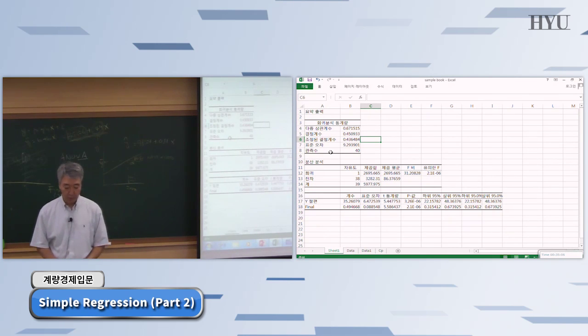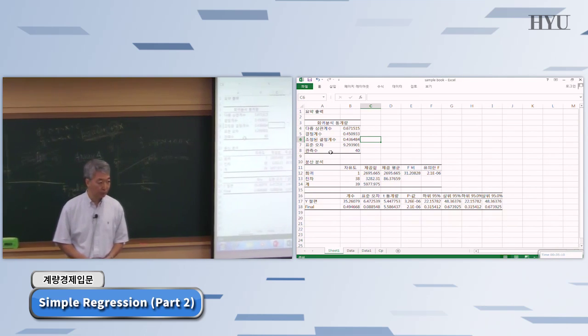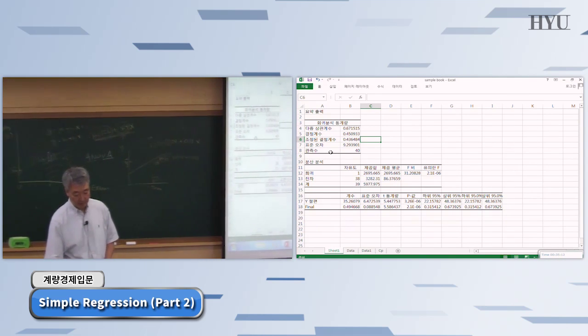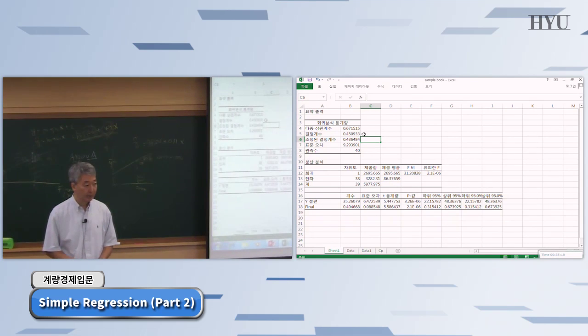Apparently I had 40 students in that grade book. In this regression, the R square came out to be 0.45. If you divide 2695 by 5977, you will get 0.4509.